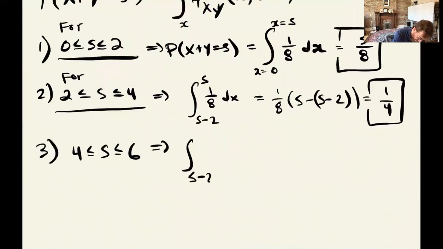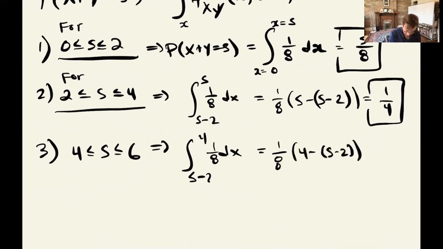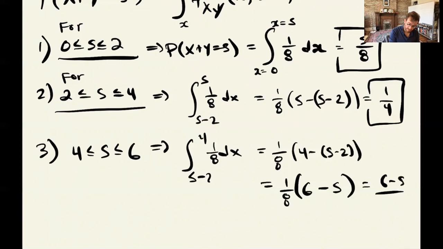So I'm going from s minus 2 to 4, again, of my uniform PDF, which is going to be 1/8 times 4 minus s minus 2. So that works out to, sorry, maybe I'm being a little too fast there, 1/8 times 6 minus s. And maybe I'll just leave it like that, because the only simplification you can do is divide both by 8.